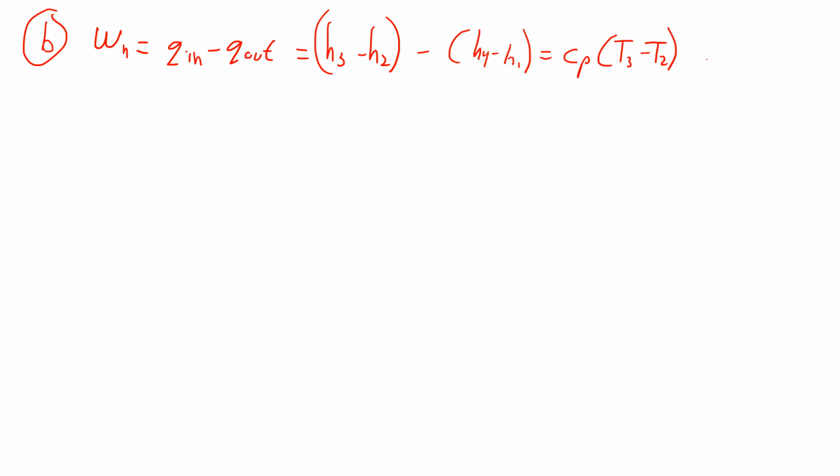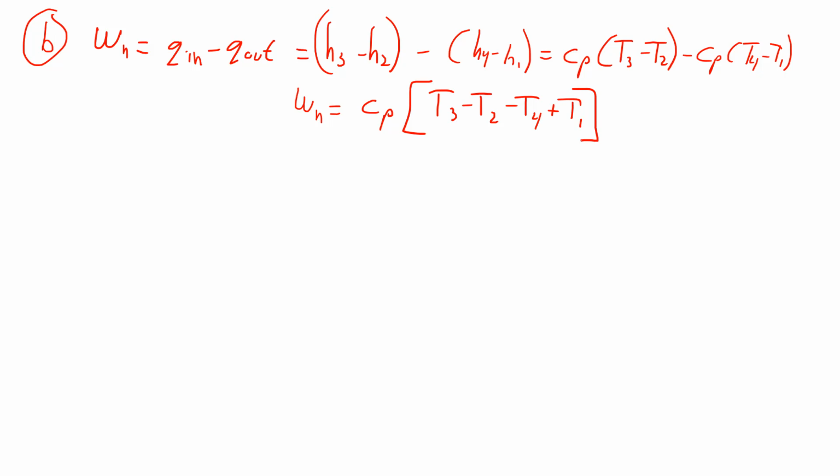So I can factor out Cp from delta H to get Cp delta T. So this gives us the final form of the equation: net work is equal to Cp times, we can factor out the Cp totally because the Cp is evaluated at the same temperature, T3 minus T2 minus T4 plus T1.